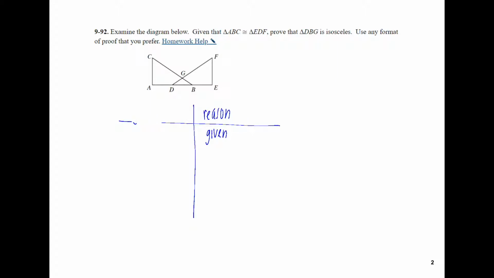instead of given here, we need to write statements. The first statement that they gave us is that triangle ABC is congruent to triangle EDF. We know at the bottom we want to prove that triangle DBG is an isosceles triangle.